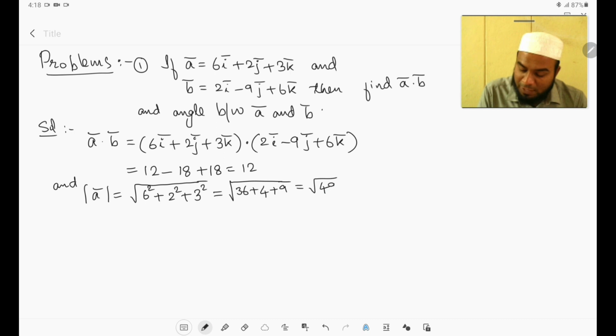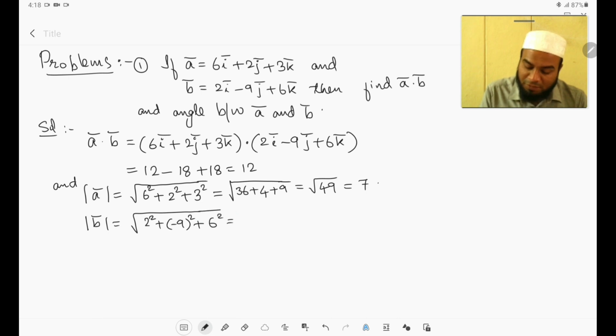Square root of 49, which is 7. Similarly, mod b bar is given by the square root of 2 square plus minus 9 whole square plus 6 square, so the square root of 4 plus 81 plus 36. Simplify this, square root of 121. It is nothing but 11.